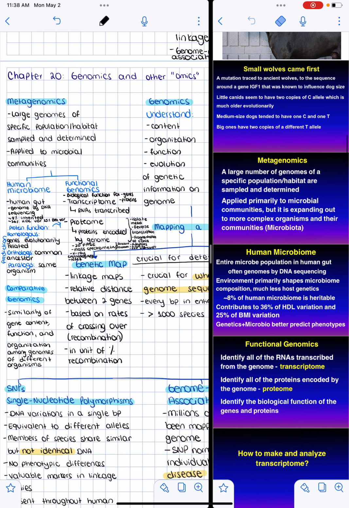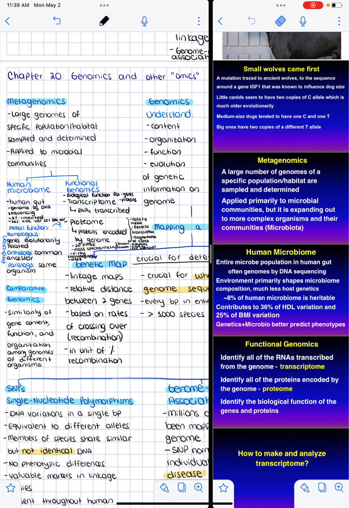It's been found that the environment shapes a lot of the microbiome composition, and only approximately 8% of the human microbiome is heritable. This has association with body mass index and how the body metabolizes cholesterol, for example.